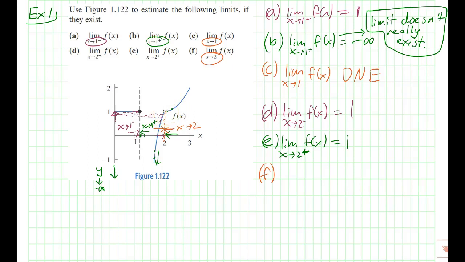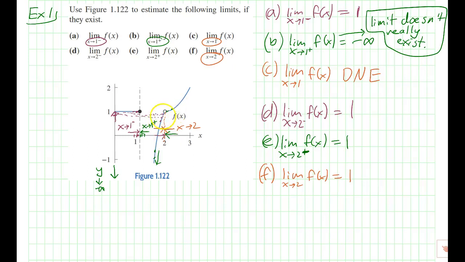So in terms of the formal definition of a limit, remember what that said is that this limit is equal to 1 if and only if the values of f of x can be made to be as close to 1 as you want by making an open interval around x equals 2 that's small enough, that's guaranteed to contain only values of x that make f of x really close to 1.